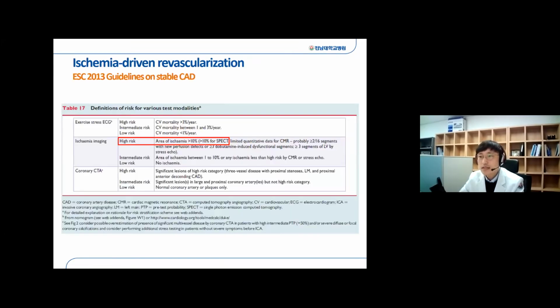So this concept is now present in the ESC 2013 guidelines on stable coronary disease. And here you can see that an area of ischemia over 10% of the LV, especially for SPECT, should be considered to refer to revascularization.